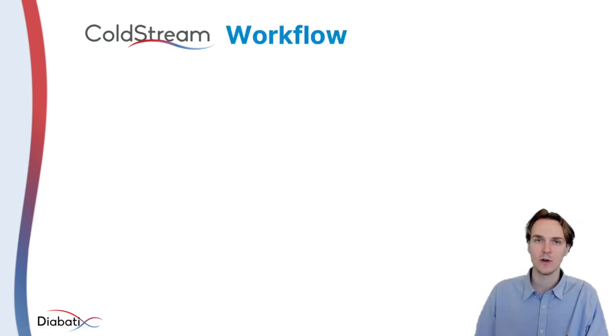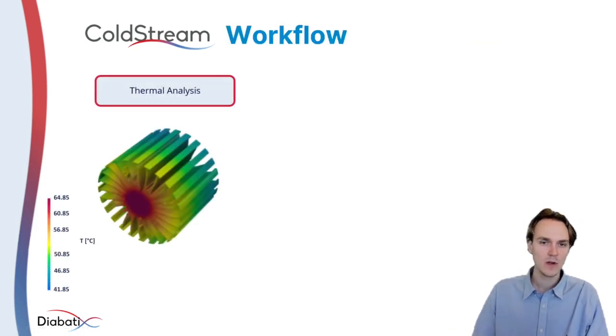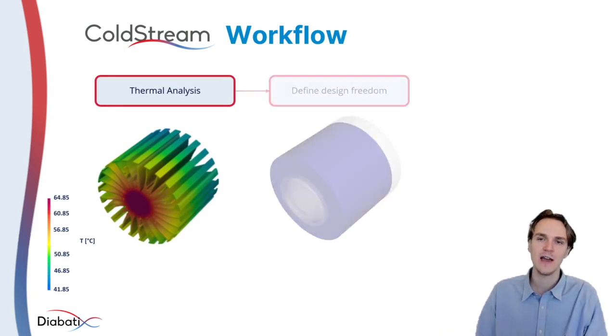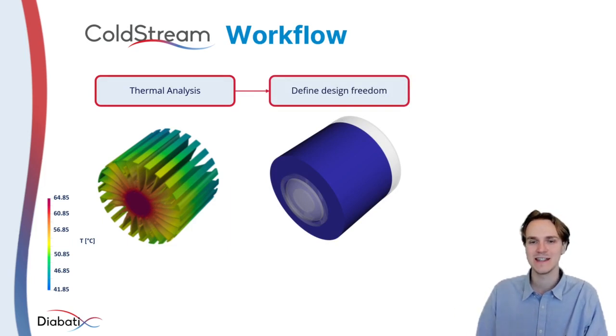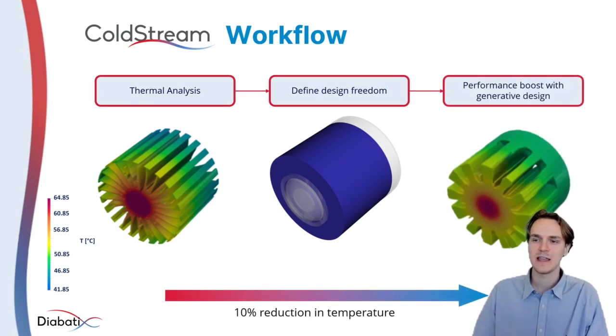And to summarize the workflow I just exemplified, well, you can start off in ColdStream with a thermal analysis of an existing heatsink that you have. You then define this design freedom to redesign the heatsink, and at the end of it, you enjoy the benefits of thermal topology optimization that simply gives you a performance boost, roughly a 10% improvement in temperature performance, so a 10% reduction was observed.